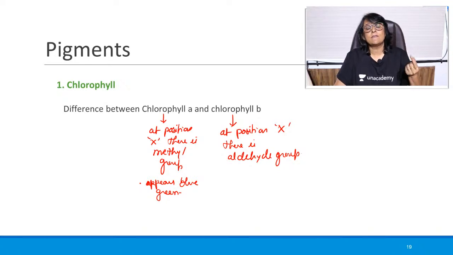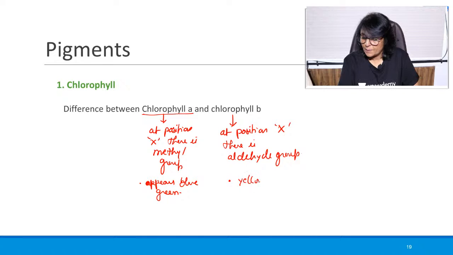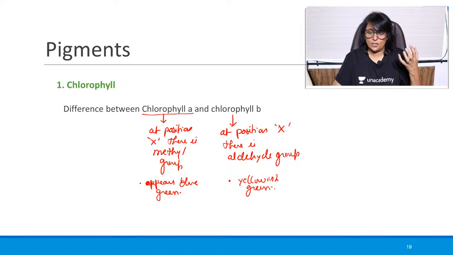So scientists have separated chlorophyll A, chlorophyll B and all others, and that is how we specifically know the color of that particular one. So if we are talking about chlorophyll A, it appears blue-green, and if you talk about chlorophyll B, it appears yellowish green or greenish yellow, it has a yellowish tinge to it.